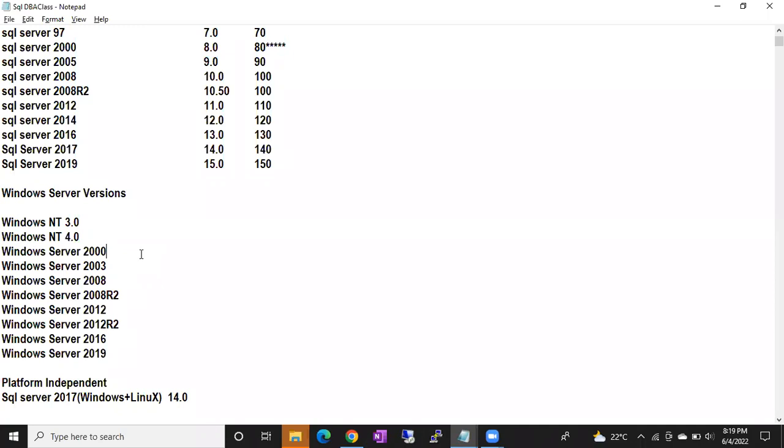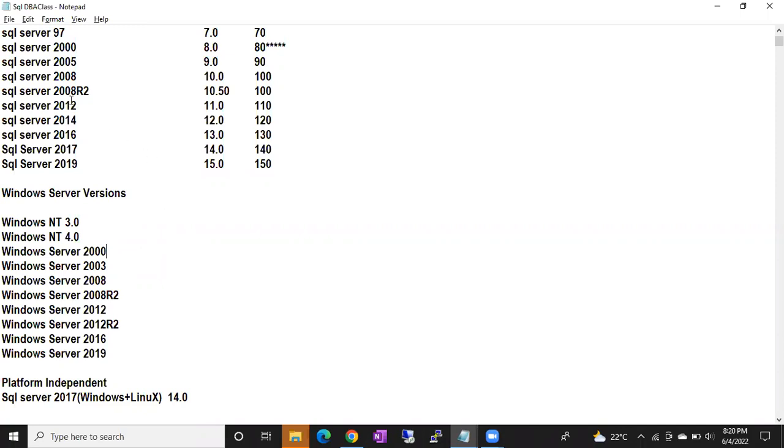desktops are only for personal usage, right? Who is going to use 128 GB RAM, 10 terabytes, 20 terabytes? No one will use that. So that's why Windows introduced desktop operating systems for personal usage. For enterprise, or organizational usage, Windows introduced one more operating system called server operating systems.